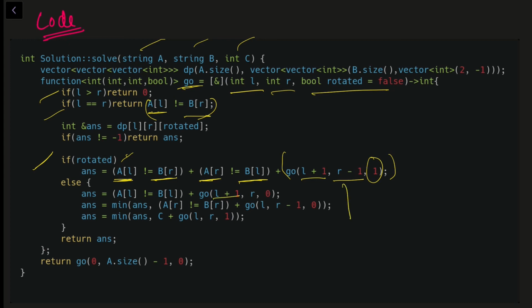I can go to L plus 1, or I can go to R minus 1, or I can go to L, R but with rotation as 1. Okay, you can see that here rotation is 0. That means that currently we haven't reversed our string, but here we are trying to reverse it, and since we are trying to reverse it, we are adding C to the answer.